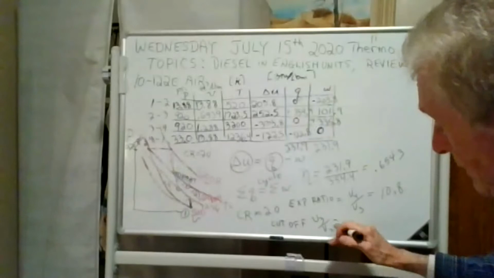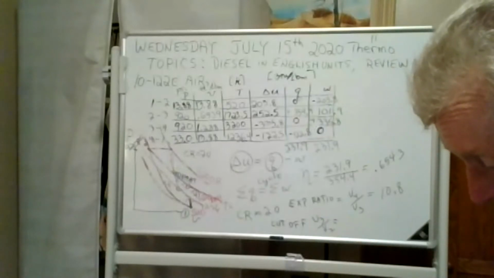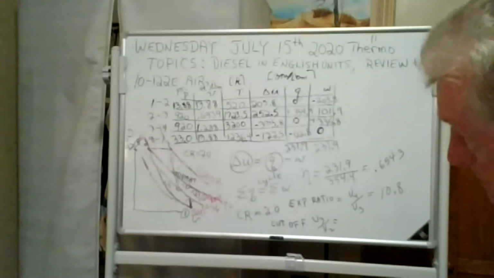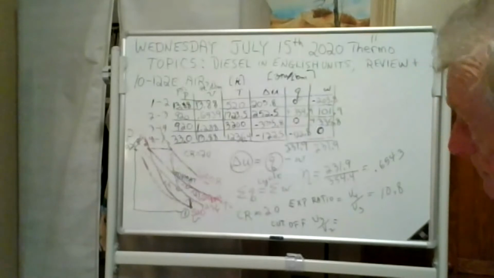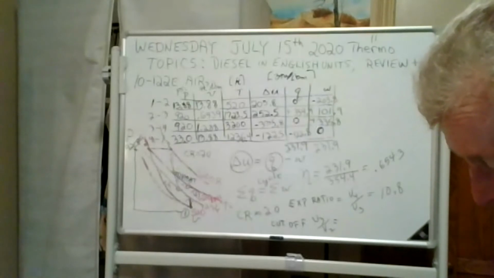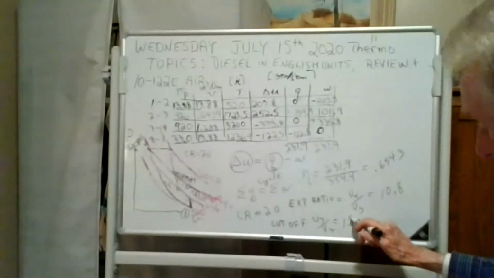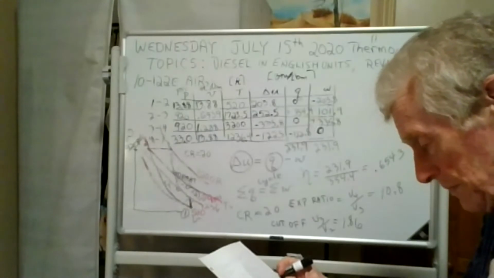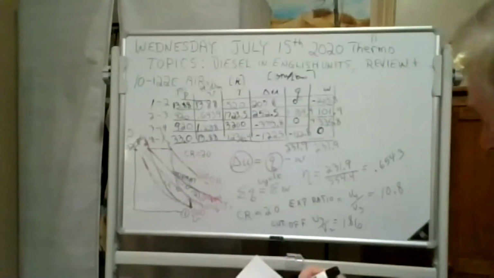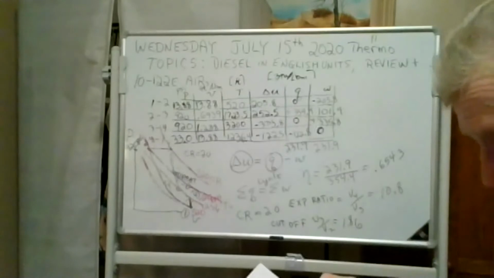If you want to know what that is, well, I'm getting 1.86. Wonder if that's what I got when I did this before. V3 over V2. Yeah, that's what I got. And yeah, those are correct.